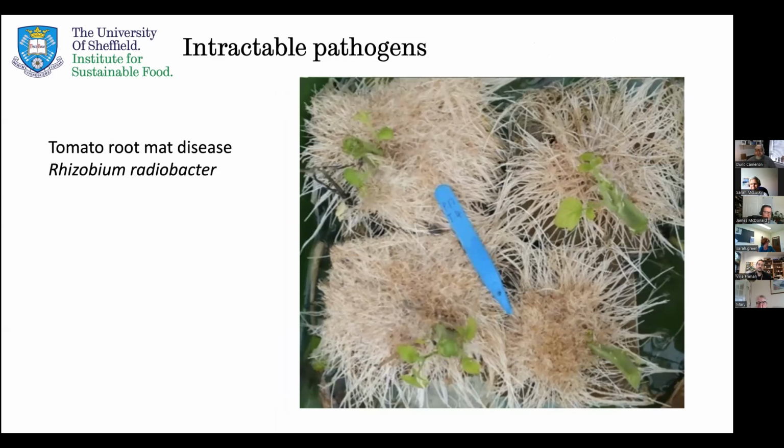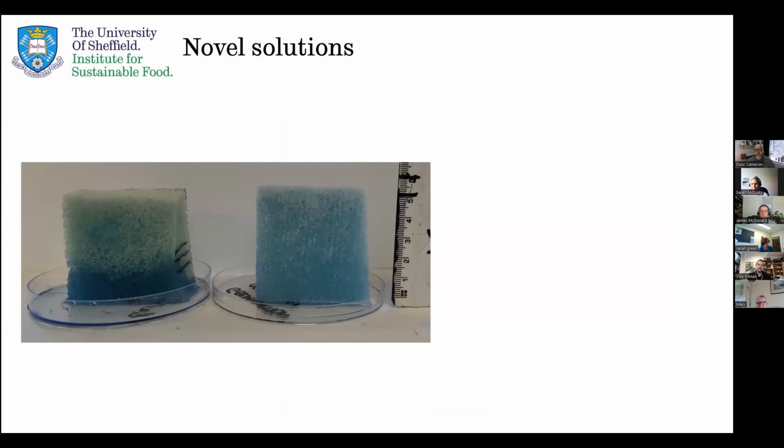And essentially this means all of the carbon is used to grow roots, and there's nothing left for shoots and fruits. And one of the big issues is that this problem is intractable. There's no chemical control. And when it gets into a greenhouse, because most of our tomatoes are grown through hydroponics in a greenhouse, it runs riot.